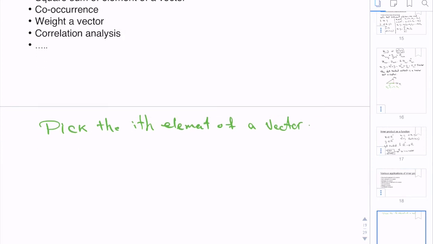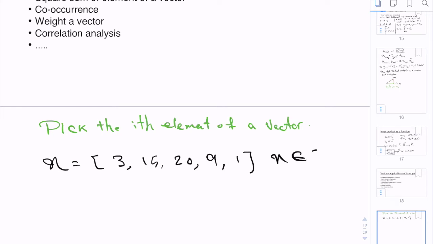Let's say x is a vector whose elements are 3, 15, 20, 9, and 1, right? So x belongs to the integers, and the number of elements is 5. Now I want to extract xi, say x3.